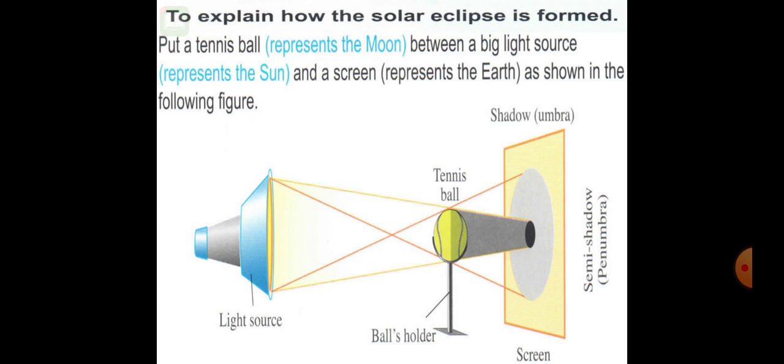But there is not only one shadow, there are two shadows. The dark inner shadow is called umbra, and the outer faint shadow or semi-shadow is called penumbra.